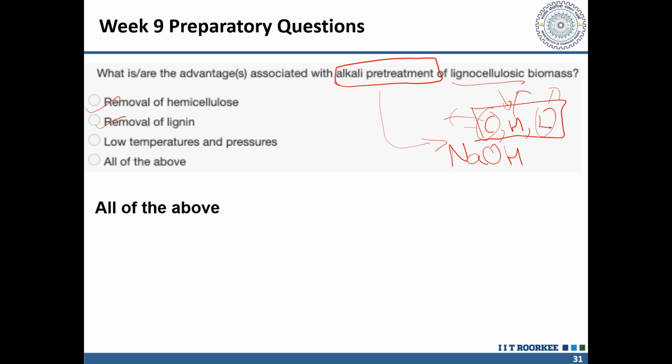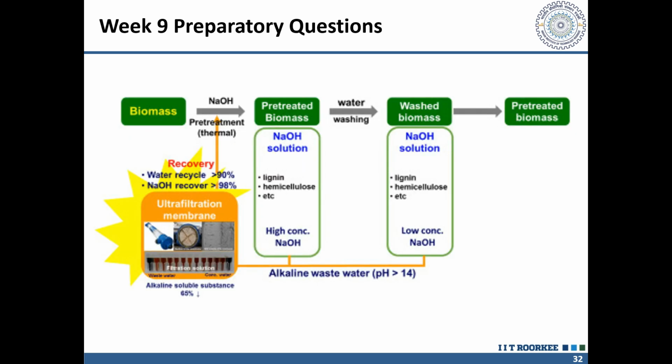Another advantage of alkali pretreatment is low temperature and pressure. We do not need high temperatures compared to acid treatment. So the major advantages, all three: removal of hemicellulose, removal of lignin, and use of low temperature and pressure.